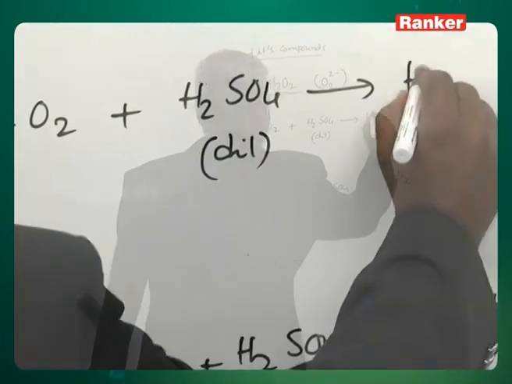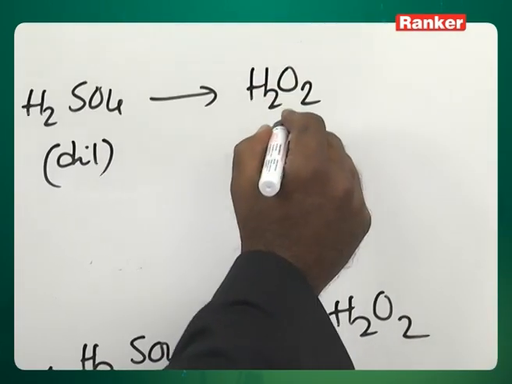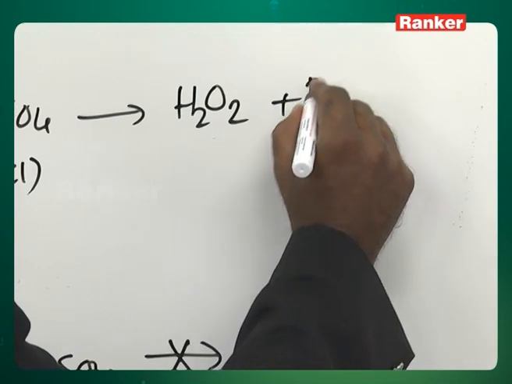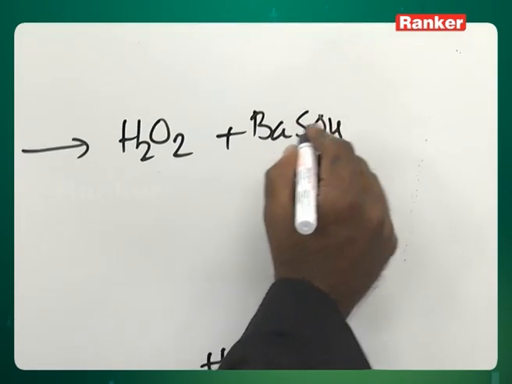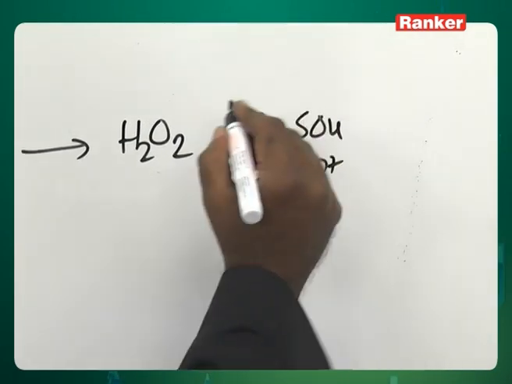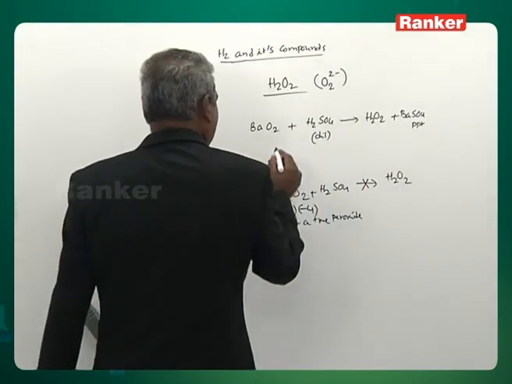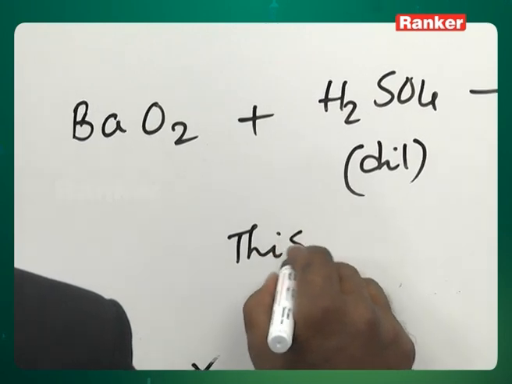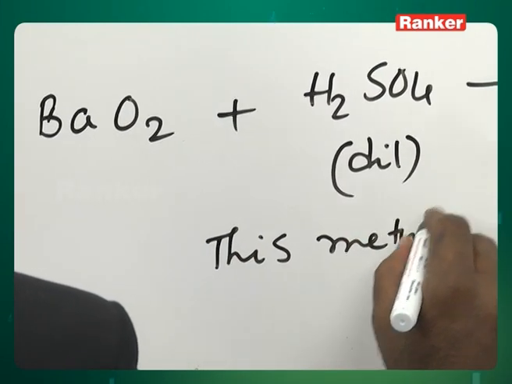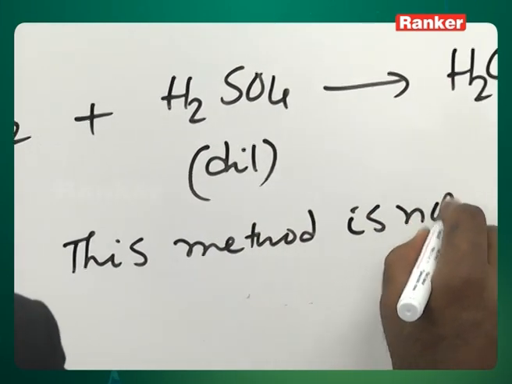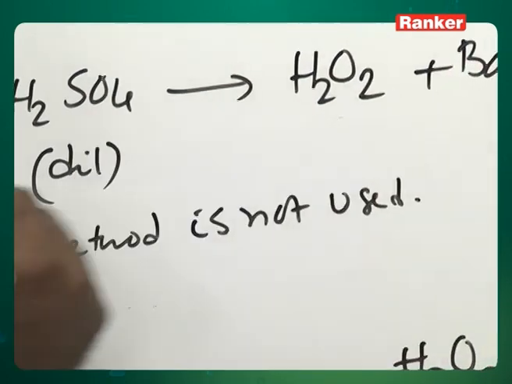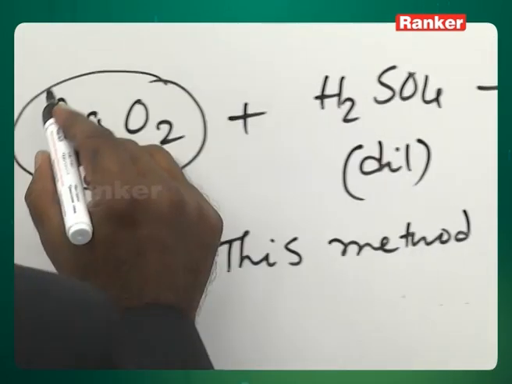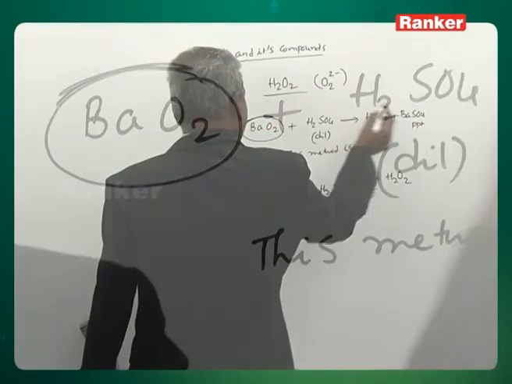You will get H2O2. But along with H2O2, you get BaSO4. And this BaSO4 precipitate forms a layer on this BaO2. Therefore, this method is not used. This method is not used because BaSO4 forms a layer. So, that is the role of BaSO4.